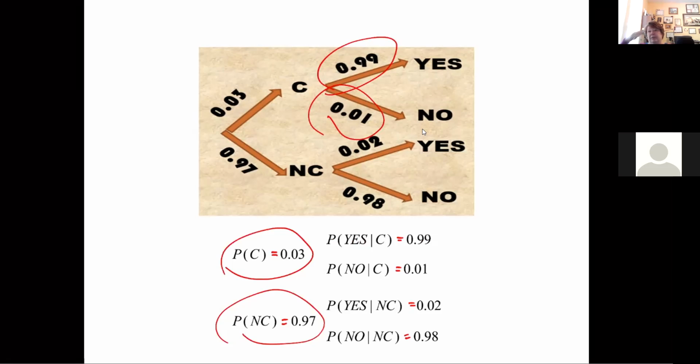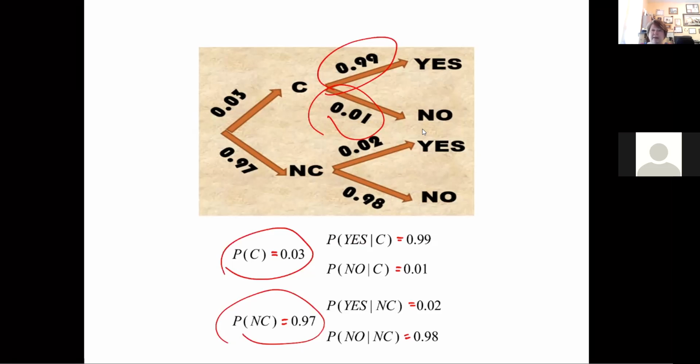Okay. Now, 97% of the population that doesn't have cancer, the no cancer branch, of those, 2% are going to test positive. So it's a false positive. But 98% of those, when they conduct this test, it's going to test accurately that they don't have the cancer, and they really don't.